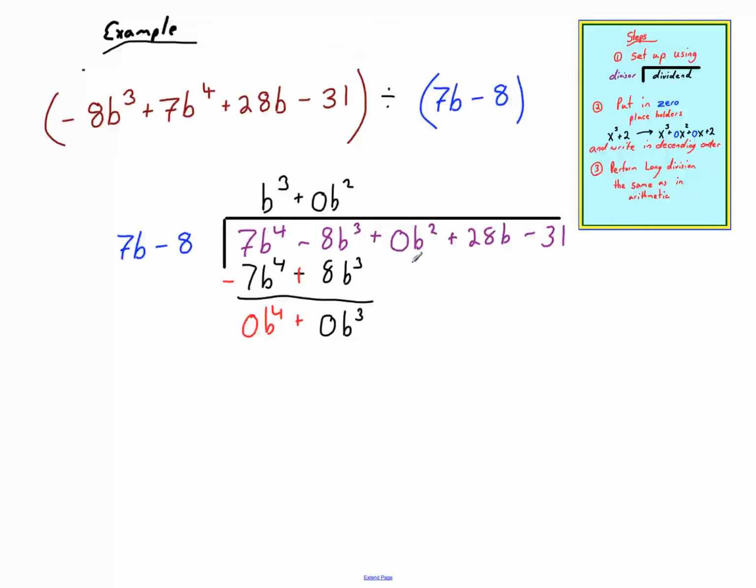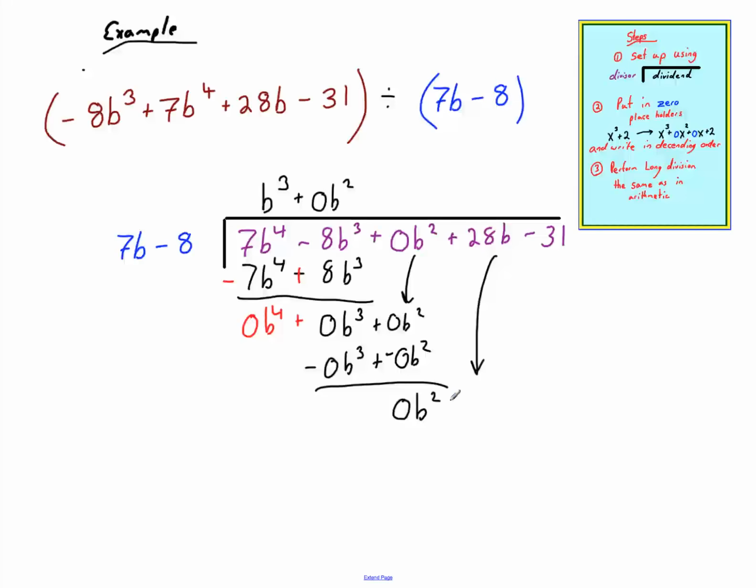And let's drop this next, 0b squared. Okay, so now I multiply that out, 0b cubed plus 0b squared, and I subtract those now, so minus and minus, and that gives me again a 0b squared.